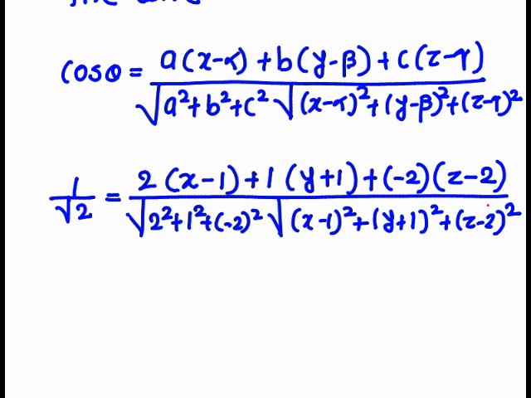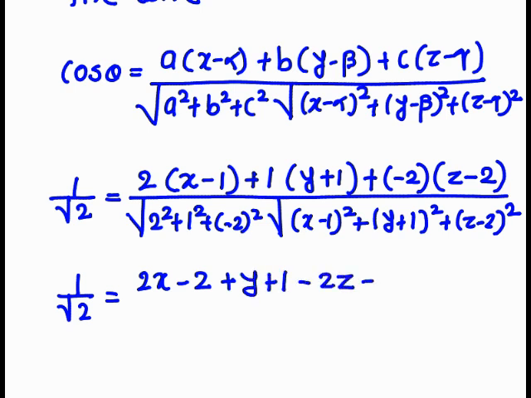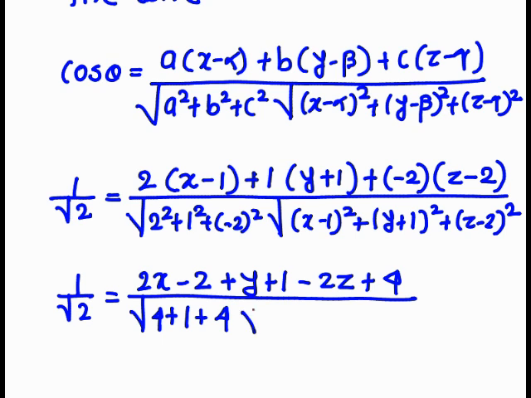Now we simplify this. After simplification, we get 1 upon root 2 is equal to 2x - 2 + y + 1 - 2z + 4, upon the square root of 4 plus 1 plus 4, that is the square of 2 is 4, the square of 1 is 1, and the square of -2 is 4, into the square root of (x - 1) square plus (y + 1) square plus (z - 2) square.